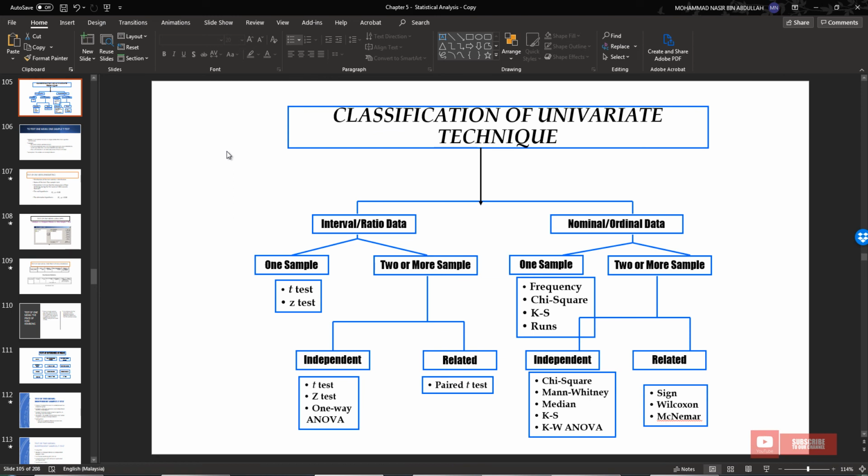So this is another important flowchart that you need to understand. When you have this kind of data, what kind of test should you use, and what is the purpose of the tests that you are going to use? So I think that's all for our syllabus for STA 220.